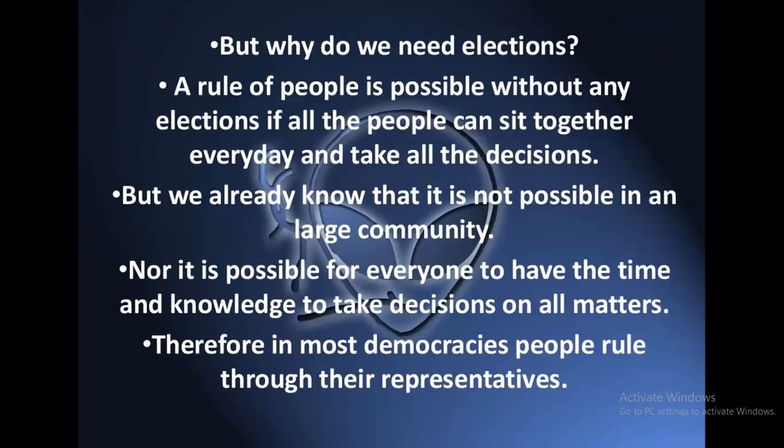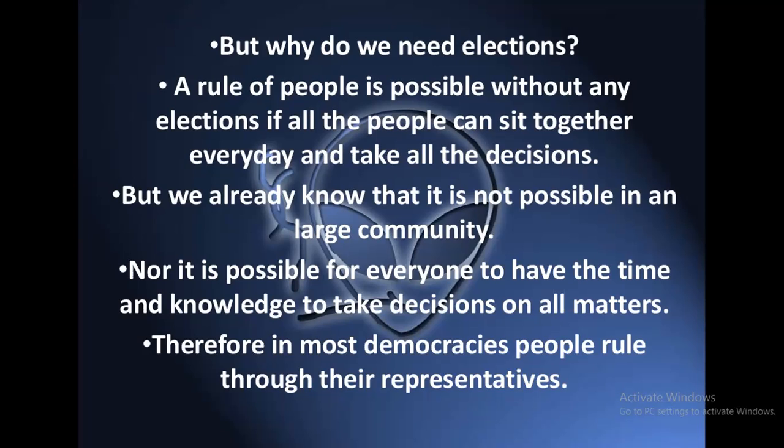Rule by the people would be possible without any election if the people could sit together every day and take all the decisions. But we know that it is not possible because we are a large community. All the people sitting together and taking decisions is not possible.